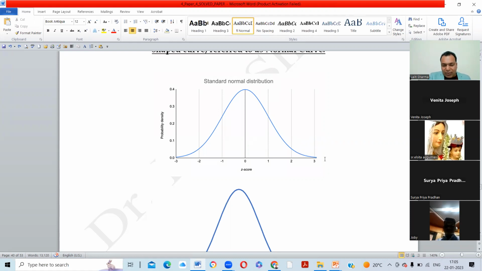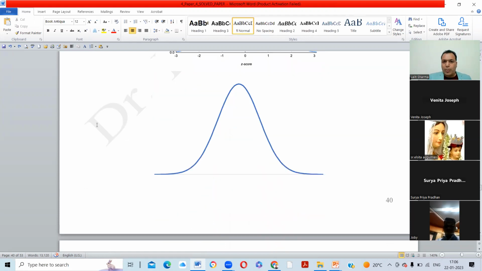And one is the right tail and one is the left tail. The right tail is talking about those persons having a good amount of money, very rich persons, and on the left side are very poor persons. This thing happens. Now you have come to know about the normal probability curve.